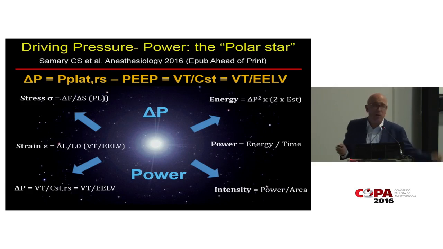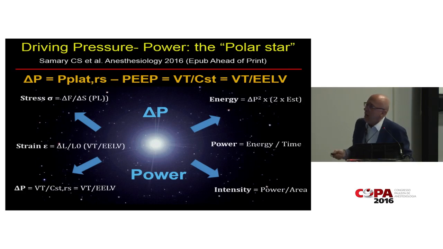And minimal changes in driving pressure are associated with a major increase in the energy that you deliver to the lung. The second concept is power. Power is the amount of energy delivered per time. So we're moving from the concept of energy alone to the respiratory rate, because the higher the respiratory rate, for the same energy, the higher the amount of power, and this is associated with a higher amount of injury.